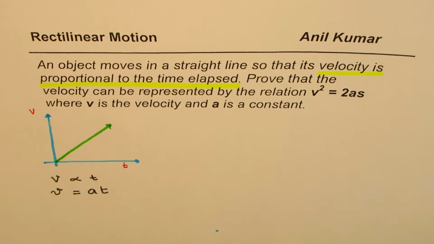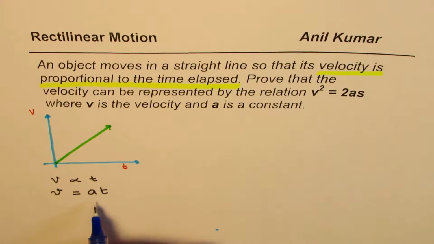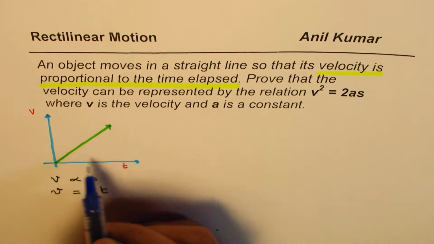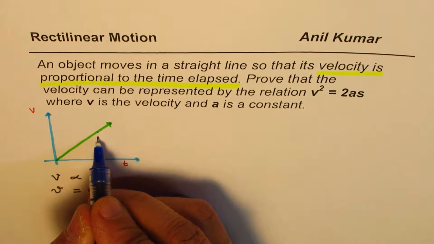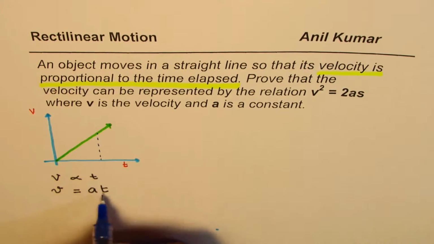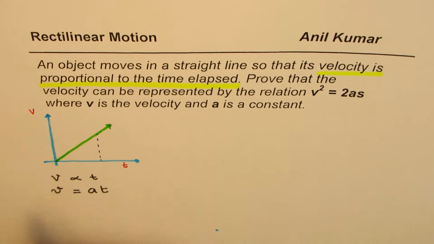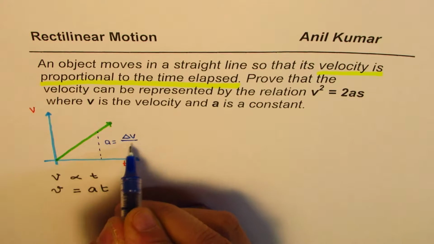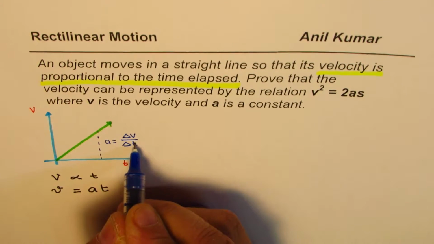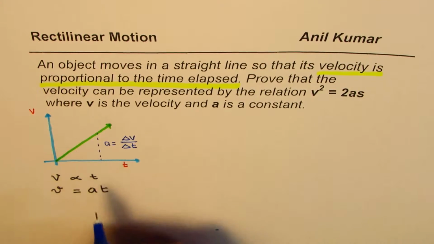Now in physics, this a has great significance. Before I even move forward, let me give you that significance also. From this graph itself, you could think a, the constant, is the rate of change of velocity, right? So a could be found as change in velocity over change in time. That is how you get the constant for direct relations, correct?